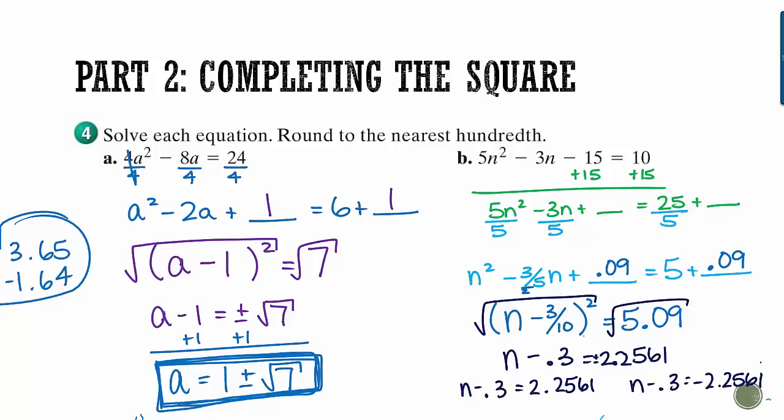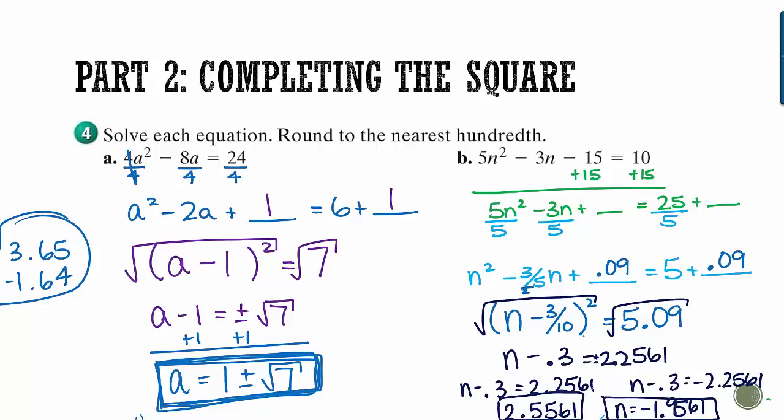And the two answers you're going to get are 2.556 here. And if you add a negative 3 to this, you're going to get negative 1.9561. Those are your two answers.